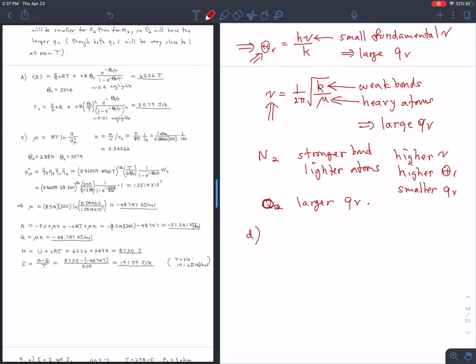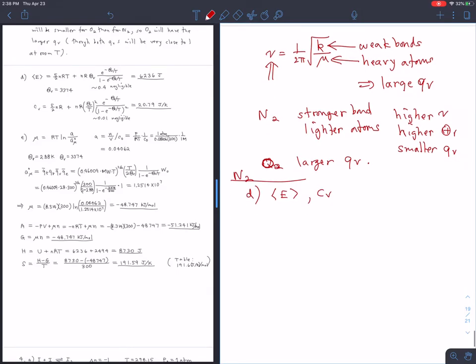Part D wants us to calculate the average energy for nitrogen. Now, all the rest of this is for nitrogen alone, not oxygen. And the CV for nitrogen. And it wants us to calculate all the independent contributions to that, too. Remember that the average energy has a translational contribution, a rotational contribution, a vibrational contribution, and then, in principle at least, an electronic contribution, and same for CV.